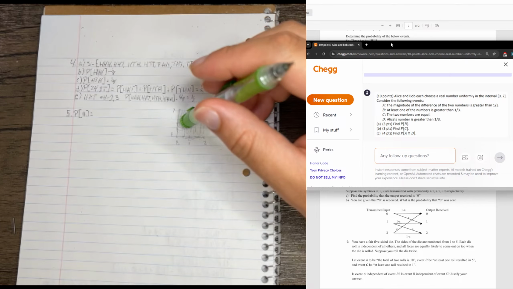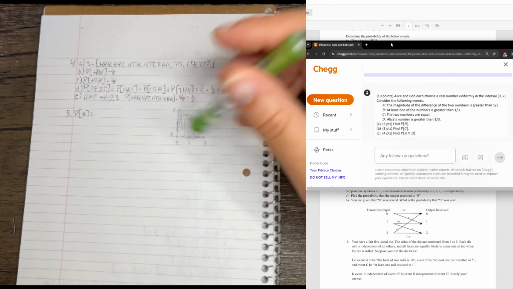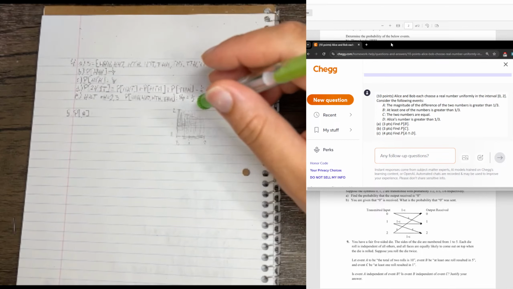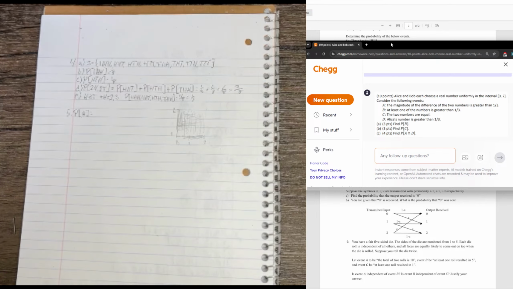And then, I mean, sure. I think we could just do it like that. I don't see why not. It's probably not the right way to do it, but as long as it gets me the answer, it should be fine.